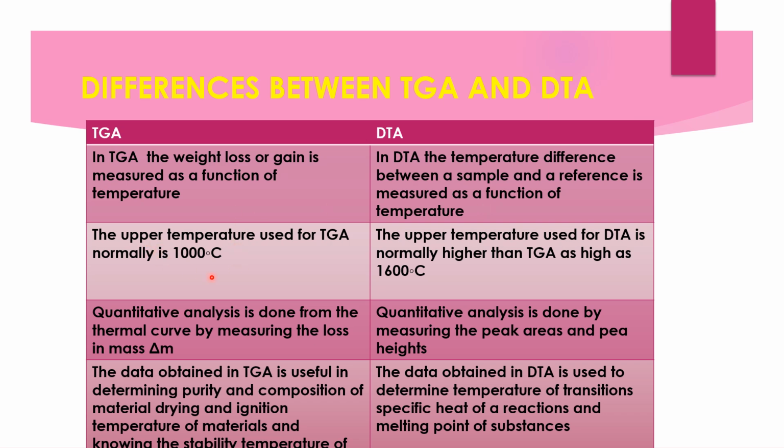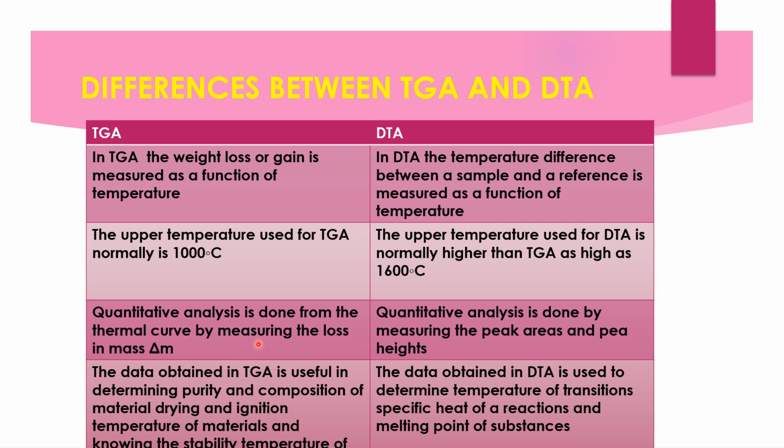Next difference is TGA can be used until about 1000, 1500, until that region only, while DTA usually goes higher than TGA. TGA 1600, like that.